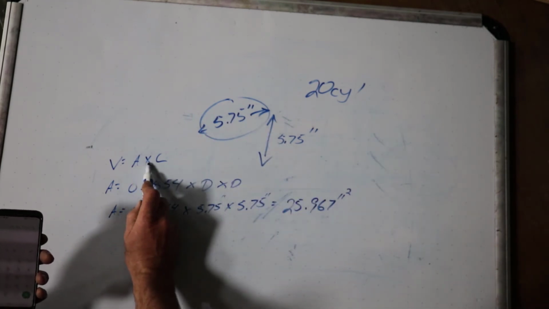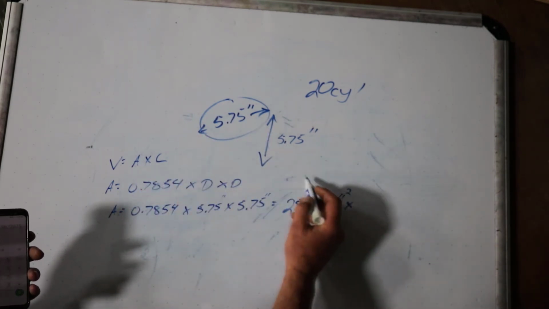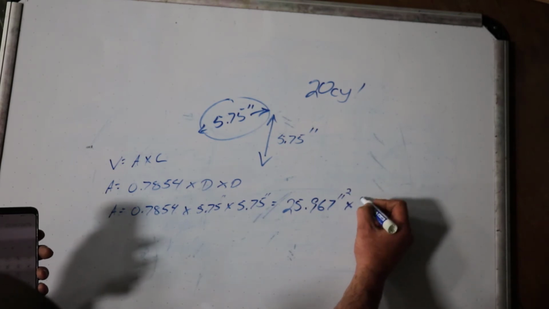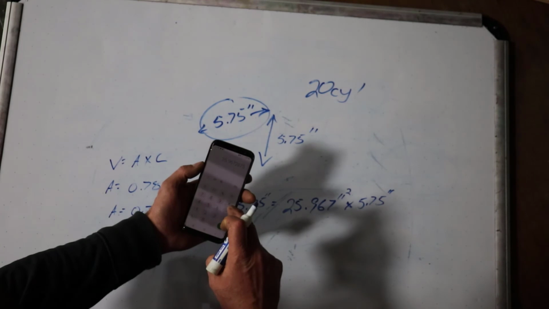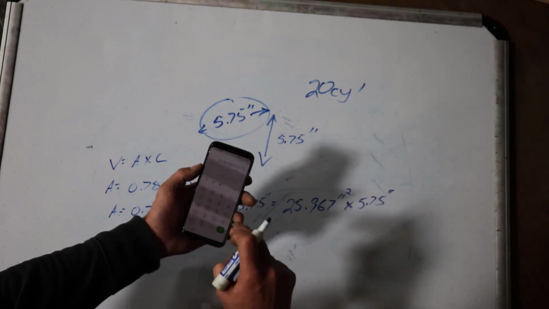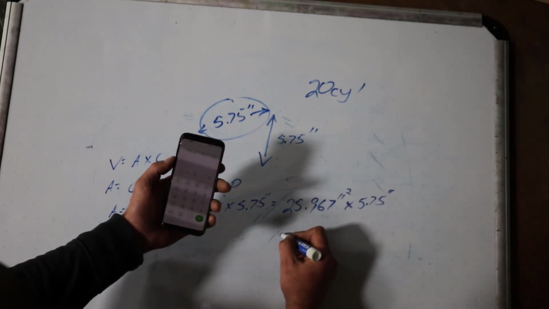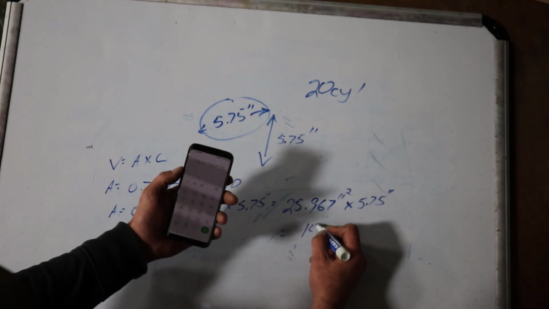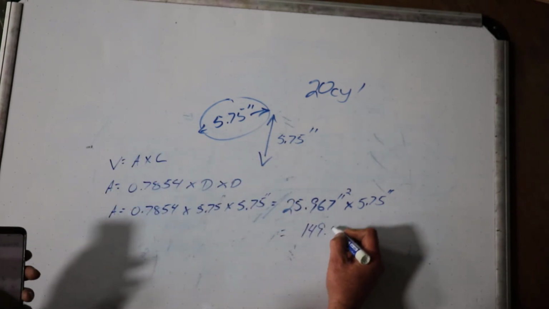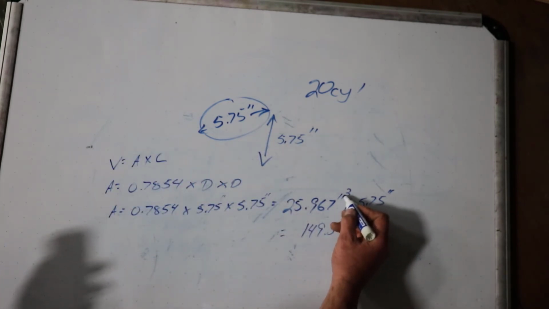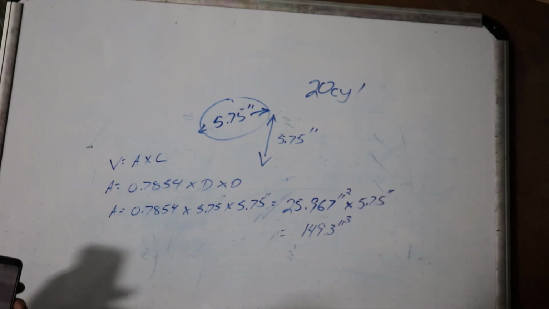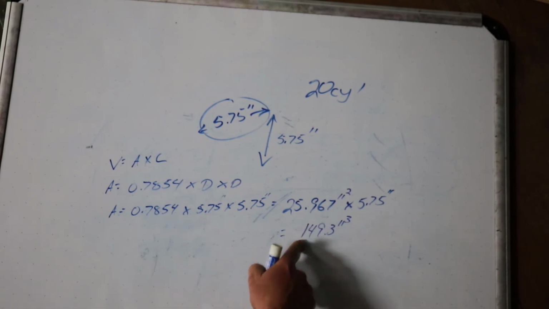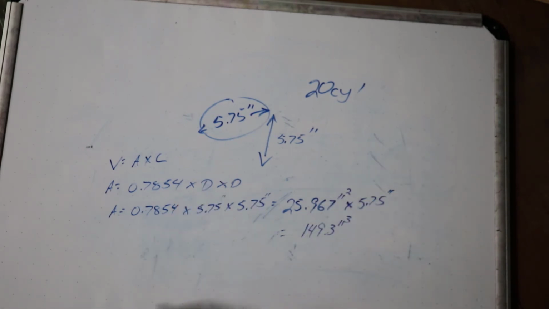We multiply the area by the length of the stroke, 5.75 inches. That gives me a grand total of 149.3 inches squared times another inch equals inches cubed, or cubic inches. 149 cubic inches for one cylinder.